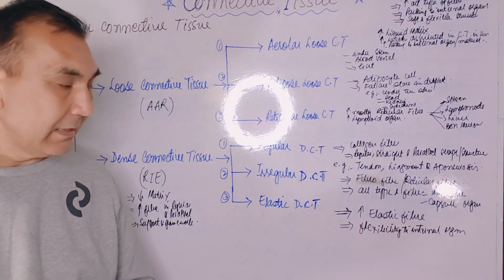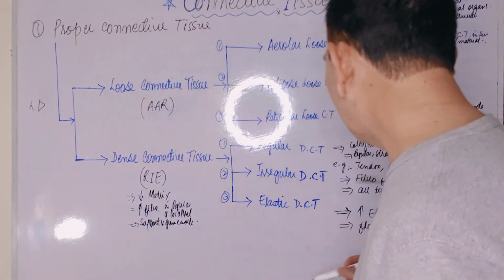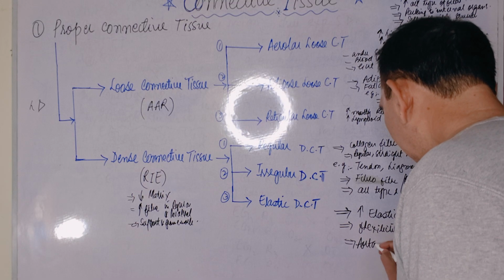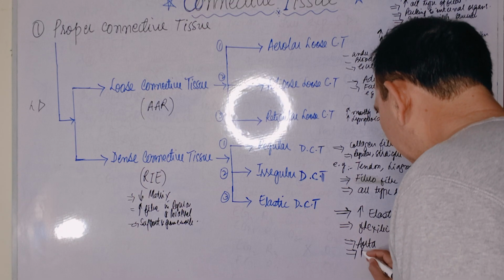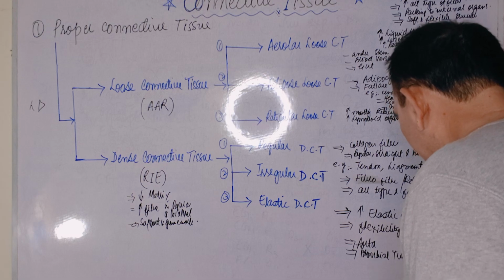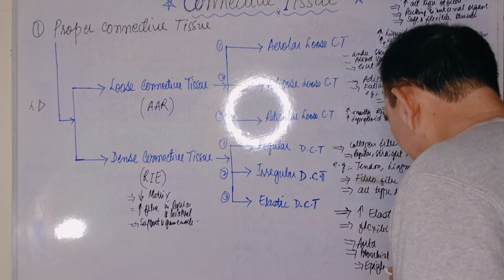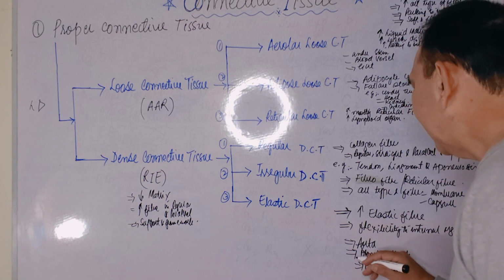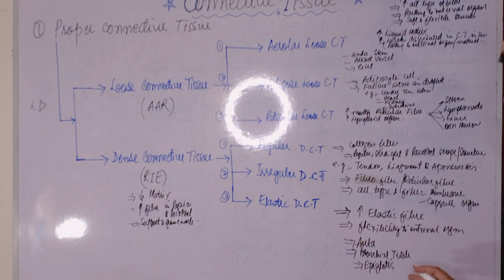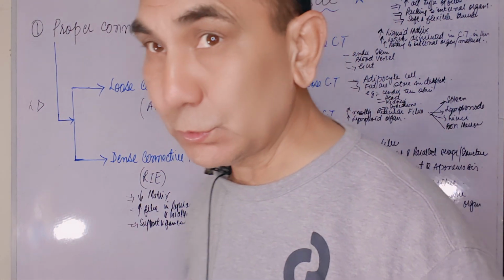It is mostly found in the aorta, the bronchial tube, and the epiglottis. These are made up of elastic dense connective tissues.